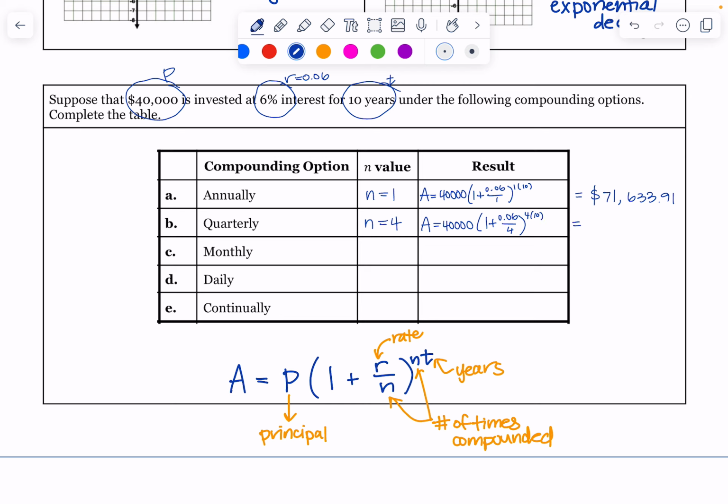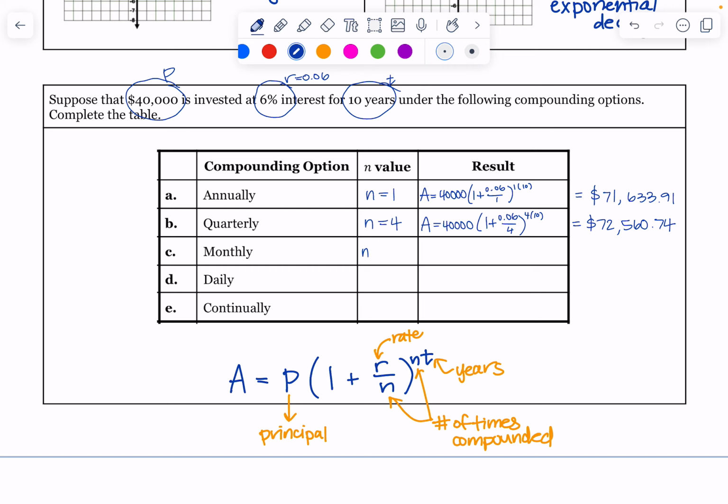Okay, so let me type that in the calculator. 40,000 times (1 plus 0.06 over 4) to the 10 times 4. And for this one, we're going to get $72,560 and 64 cents if we round.